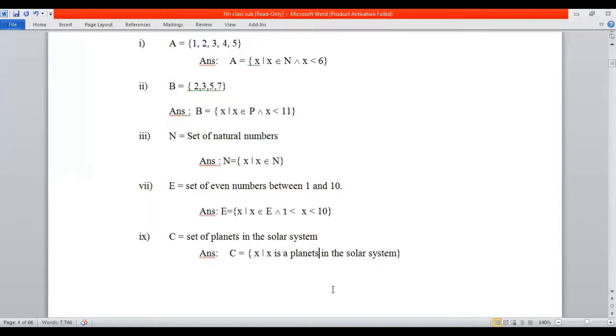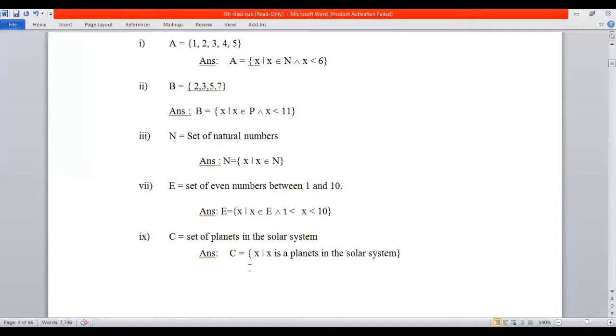The same statement you will write. The universal truth, you can write it in the same way as given in the statement. Just like if you are given the set of colors in the rainbow, there are 7 colors in the rainbow, so how can you write it? x such that x is 7 colors in the rainbow. So statement type things or universal truth type things, you will write like this.